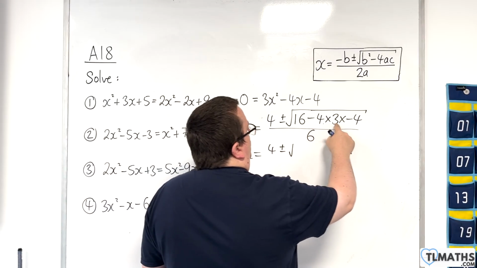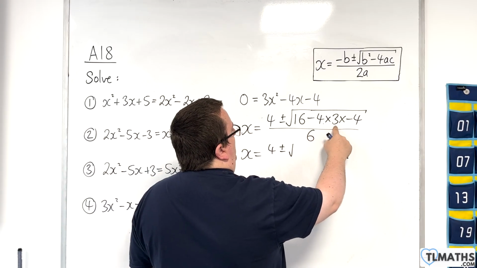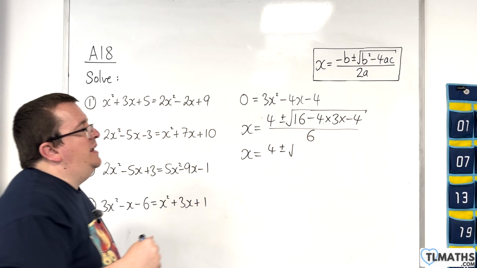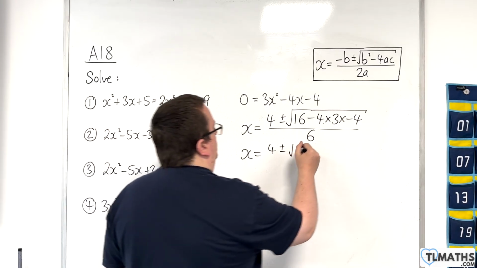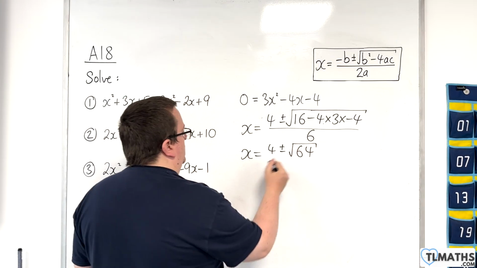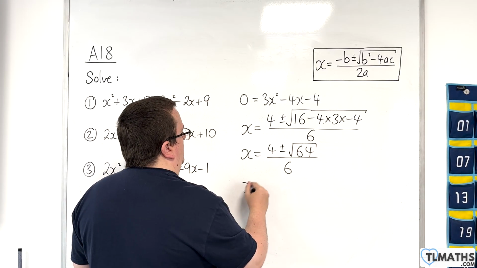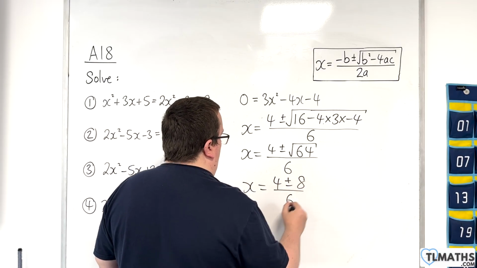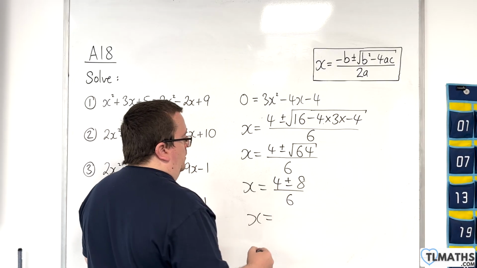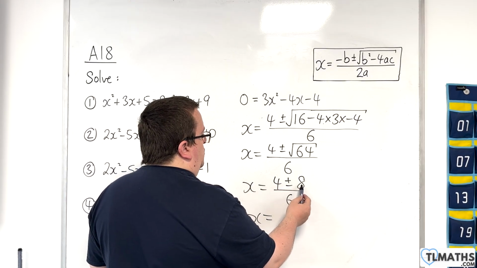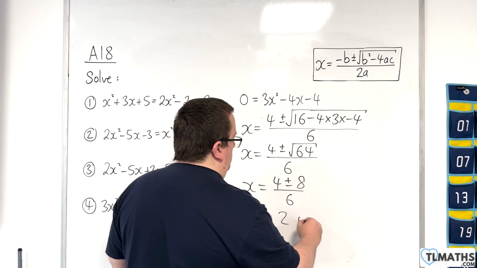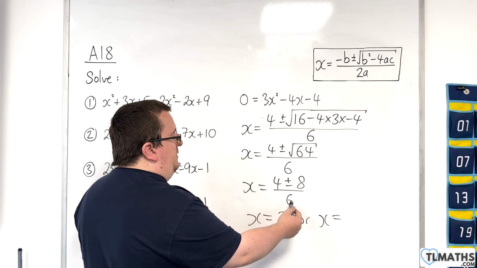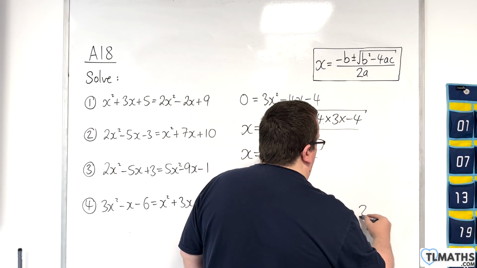So 4 times 3 times 4, so that's 12, times 4 is 48, plus the 16 is 64. So 4 plus or minus 8 over 6. So 4 plus 8 is 12, divided by 6 is 2. 4 take away 8 is minus 4, divided by 6 is minus 2 thirds.